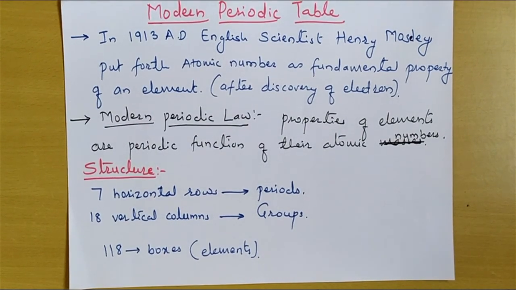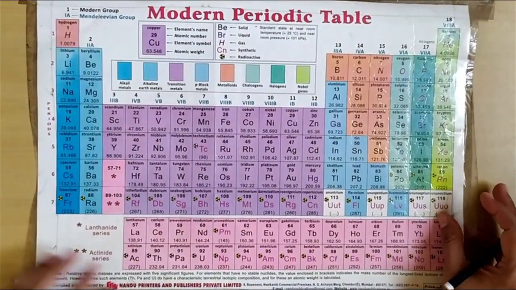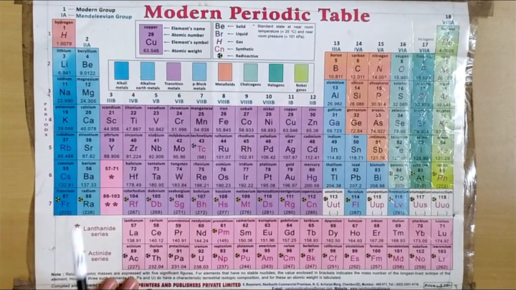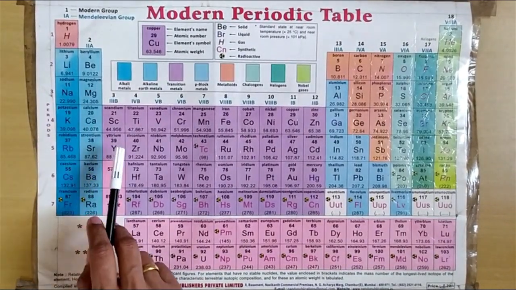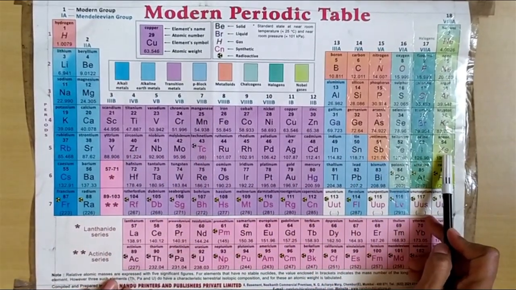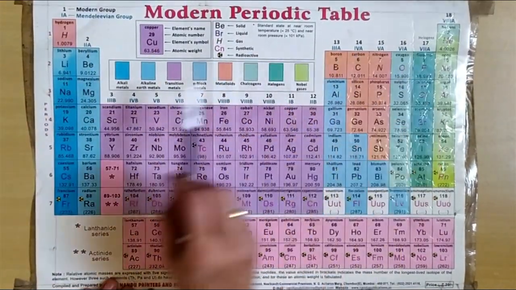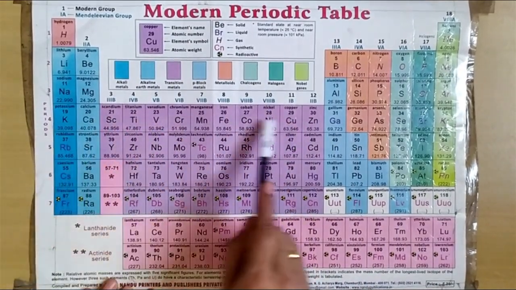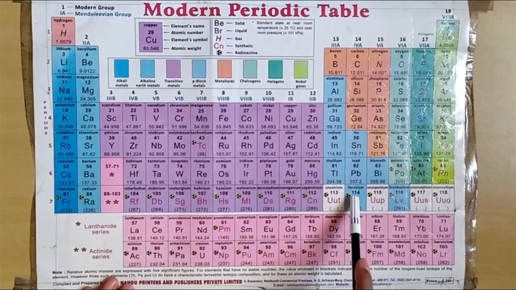Okay, now let us see the structure of the modern periodic table. It has 18 groups, 1, 2, 3, 4 and so on till 18, and there are 7 periods: first period, second period, then third, fourth, fifth, sixth and seventh.